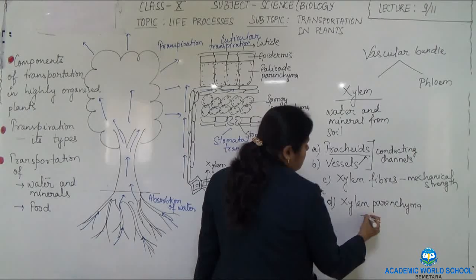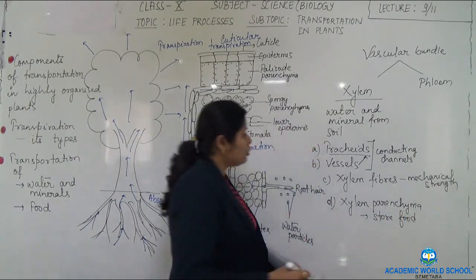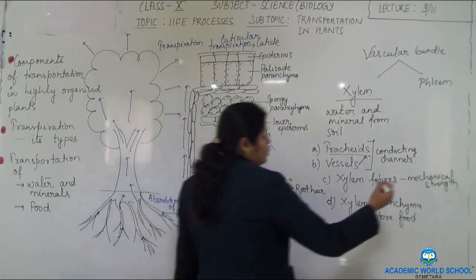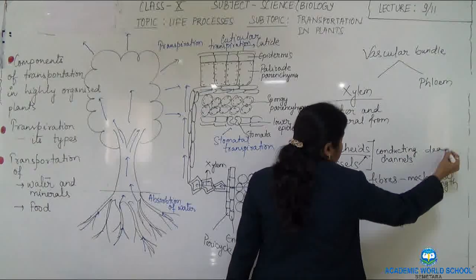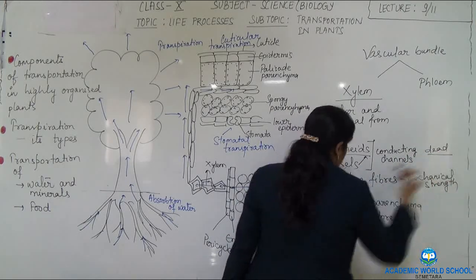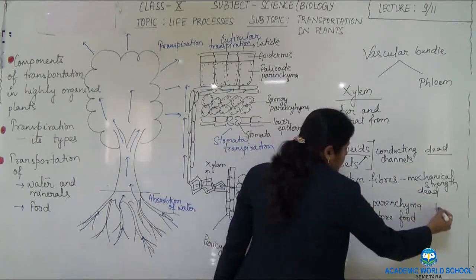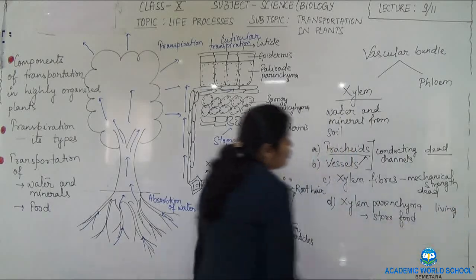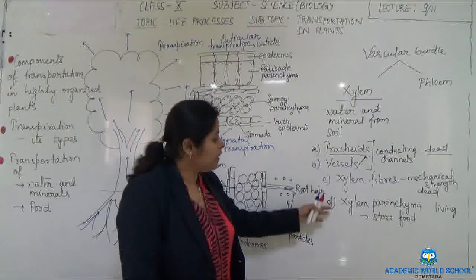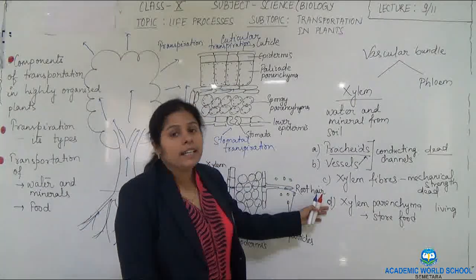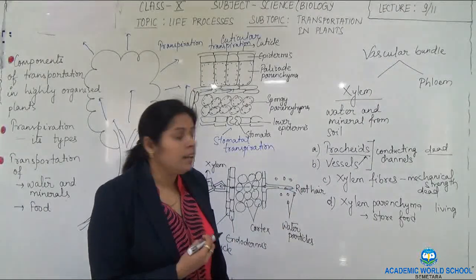Whereas xylem parenchyma stores food. Now out of these four components, the first three are dead. Tracheids and vessels are dead tissues. Xylem fiber is also dead. The only living component is xylem parenchyma. So out of four components of xylem, the first three are dead and the xylem parenchyma is the only living tissue. These are a kind of tube through which the water and minerals will travel.